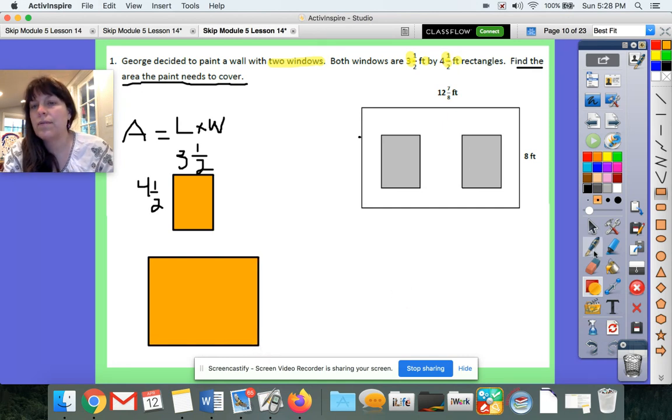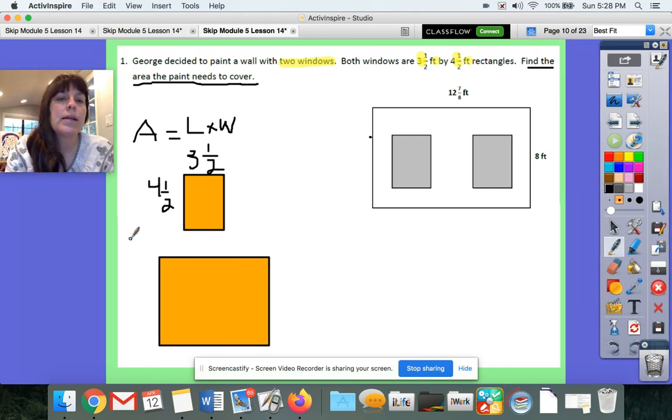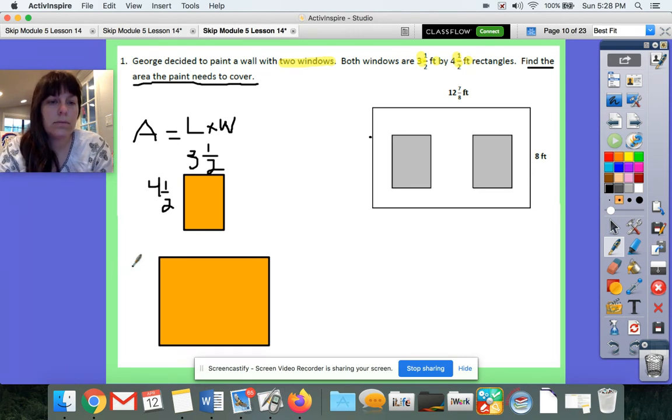Okay, so confusing because this is a window, but this is just an area model, but we're going with it. Okay, so we've got 3.5 by 4.5. Doesn't matter which side you put the 3.5 and which side you put the 4.5 on, but let's do 3.5 here and 4.5 here.